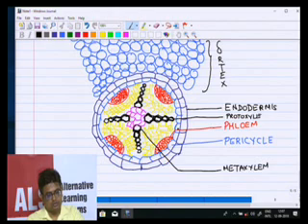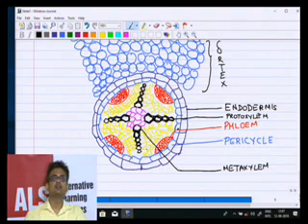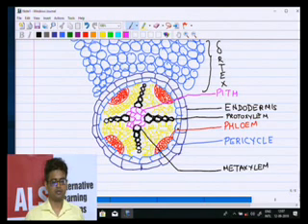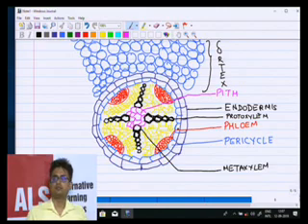Protoxylem vessel actually. Metaxylem and protoxylem. This cell is also protoxylem. All the smaller cells on the periphery, these are the protoxylem cells. Okay. The central part that I have drawn here, it is called the pith. Okay. This is the complete diagram.